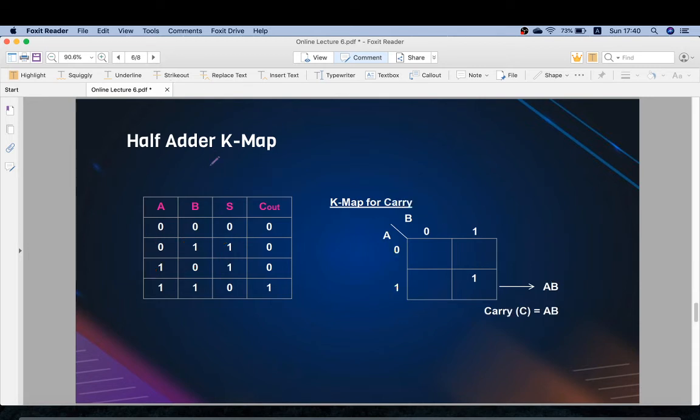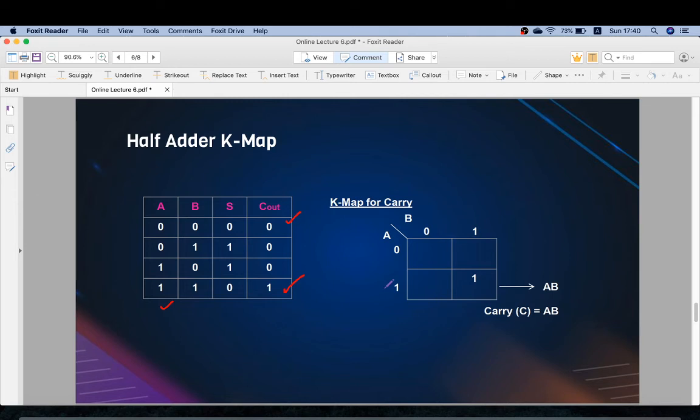Now we will make the half adder K-map for the carry output, C. This is the column for the C output, and here we will also solve it with respect to SOP. So according to SOP, we will take only the 1s. There is only one 1, where the inputs A and B are 1 and 1.